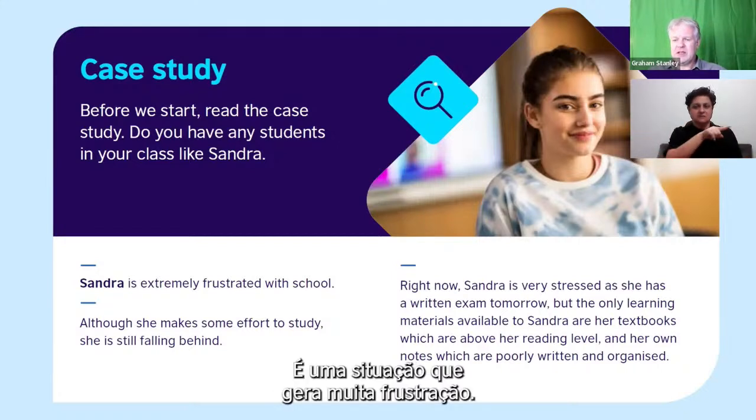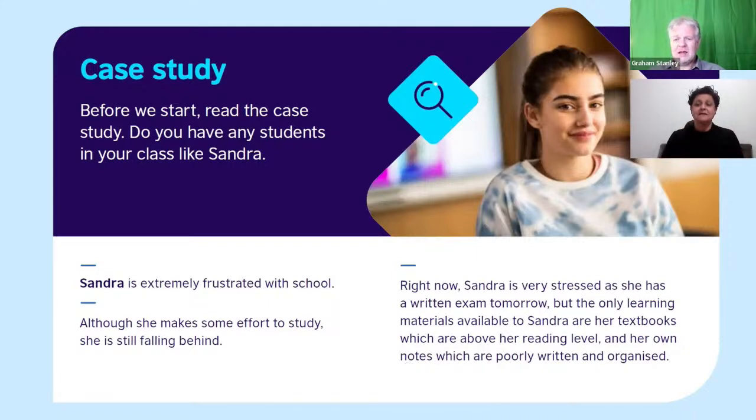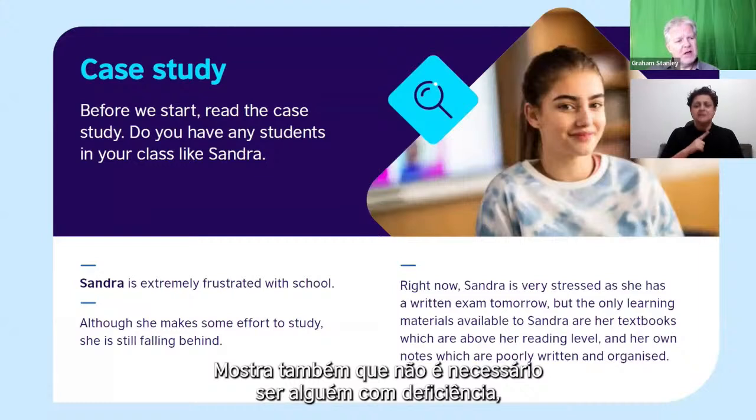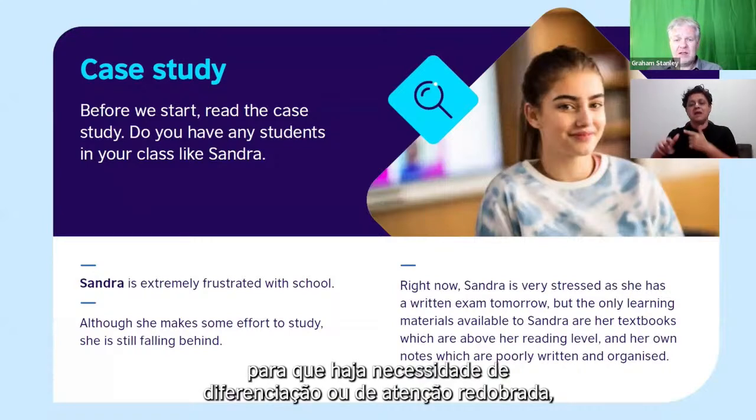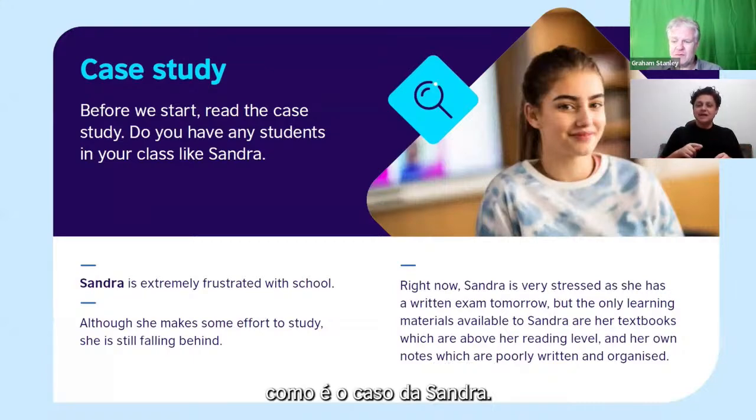And it's a situation that leads to a lot of frustration. And it also shows that it's not necessary to have someone with a disability or a particularly identified special educational need for there to be the need for differentiation or for extra attention, which is the case with Sandra.